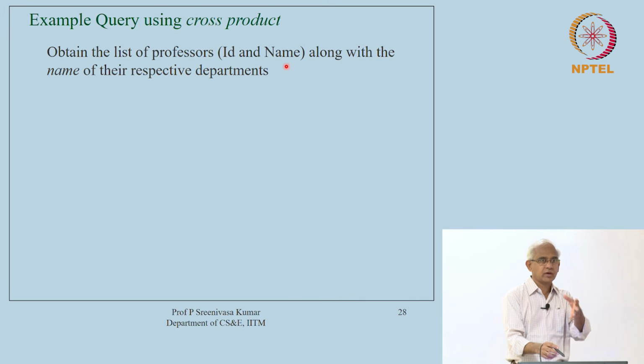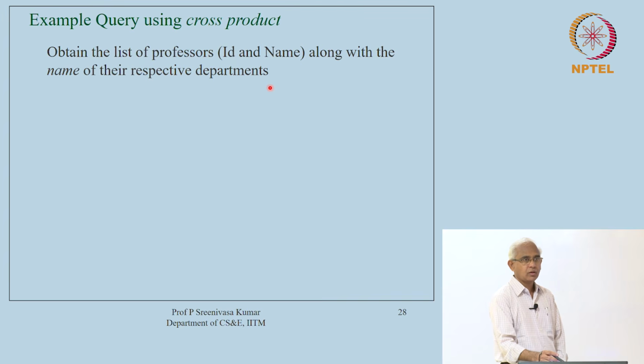Okay. So, where is this information? I want you to look at your schema diagram and tell me in which relations this particular information is present. Is it just there in the professor relation itself? In the professor relation, do we have the name of the departments? We do not have the name of the department. We have the name of the department in another relation, which is the department relation.